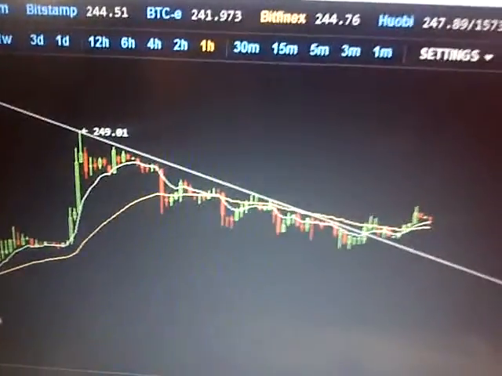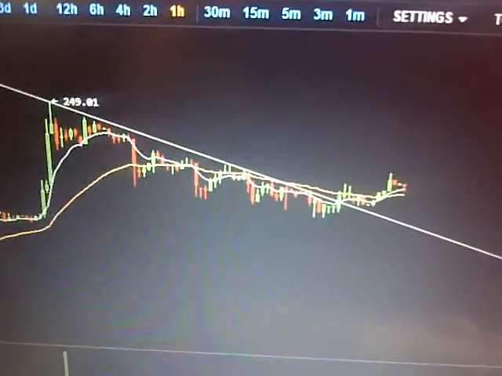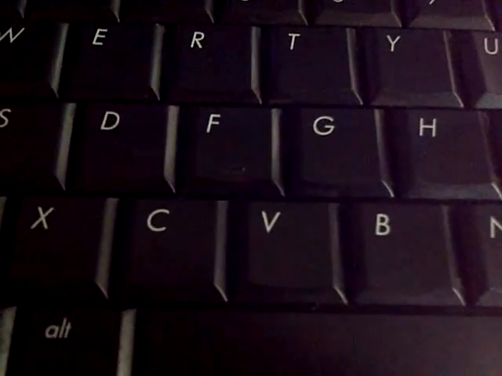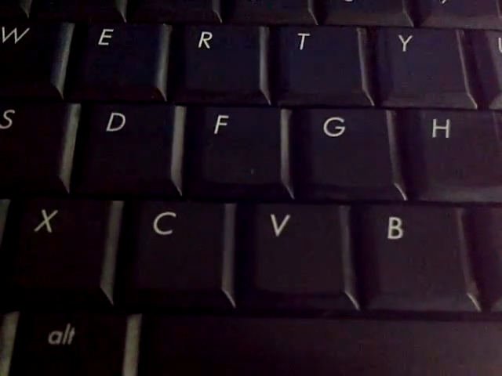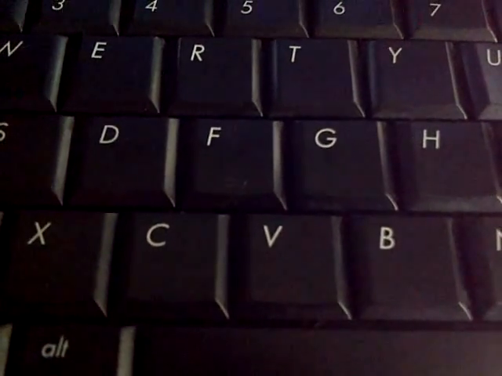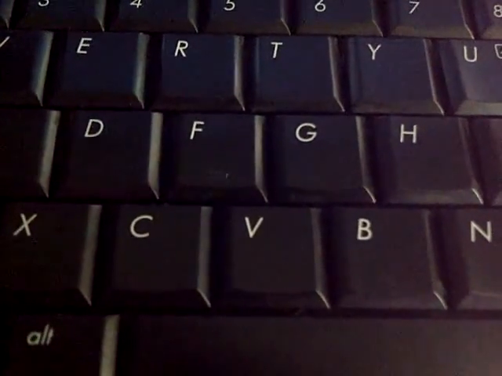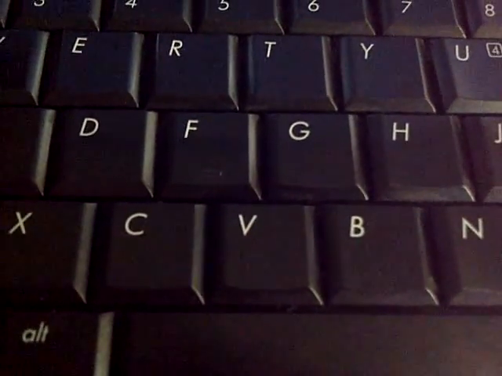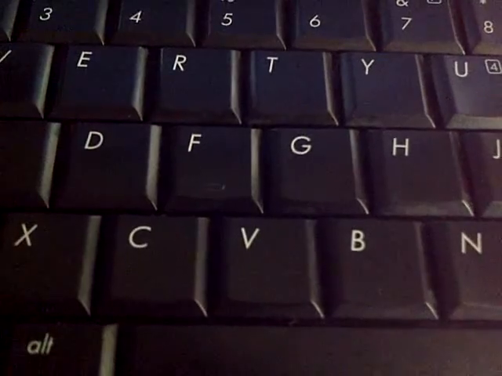Based on that and some other things as well, the other thing I looked at was local Bitcoins, and I'll show you what I'm talking about. Okay, now refresh.